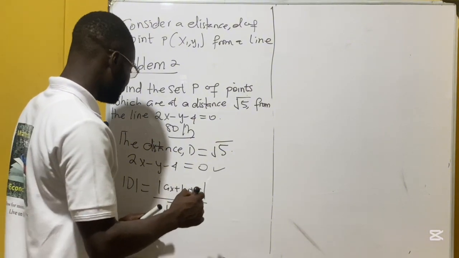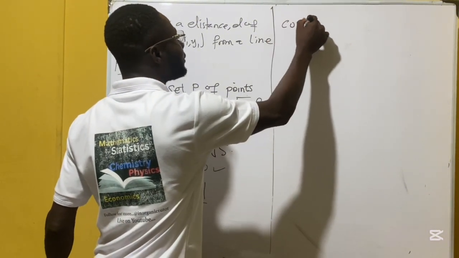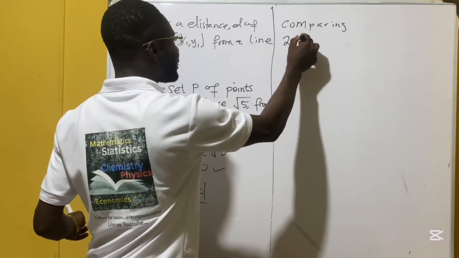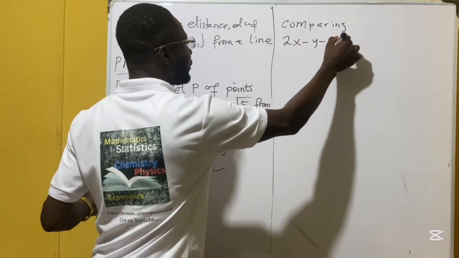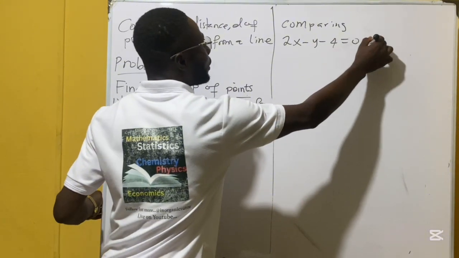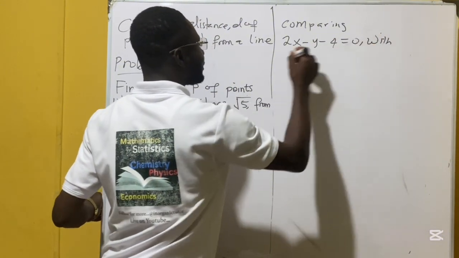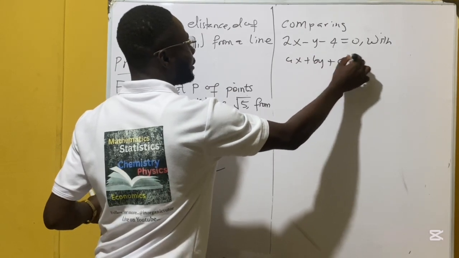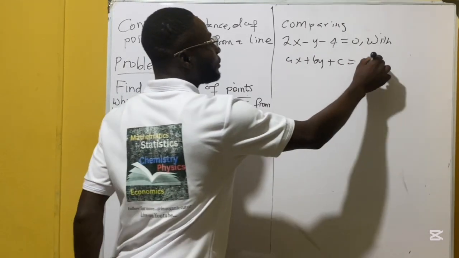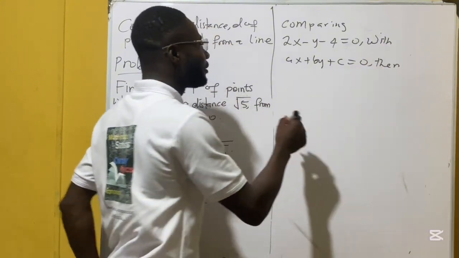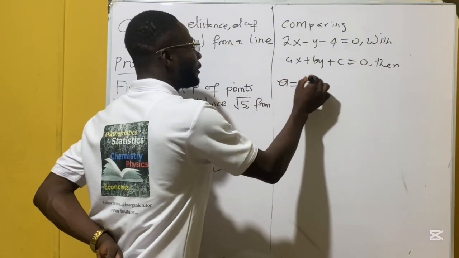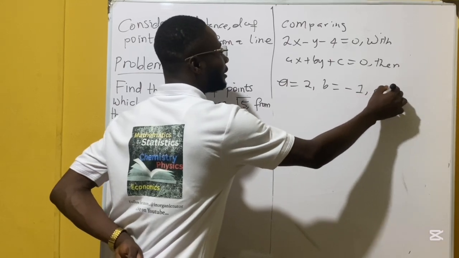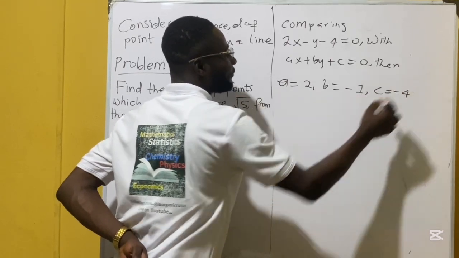Comparing 2x minus y minus 4 equals 0 with ax plus by plus c equals 0, we can say that our a equals 2, our b equals -1, and our c equals -4.